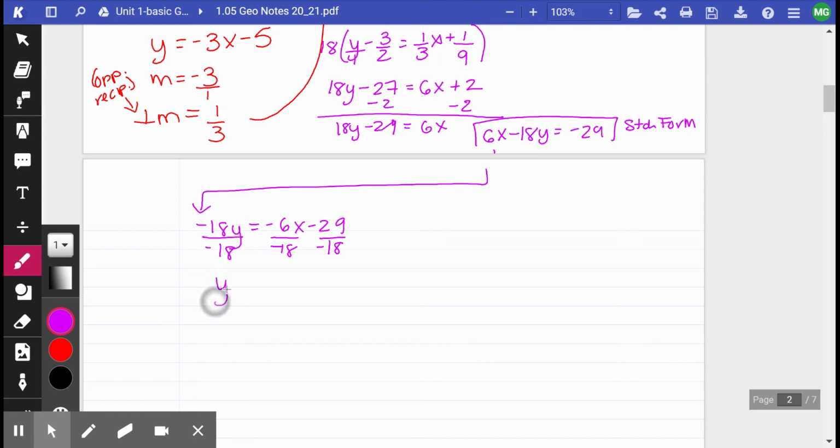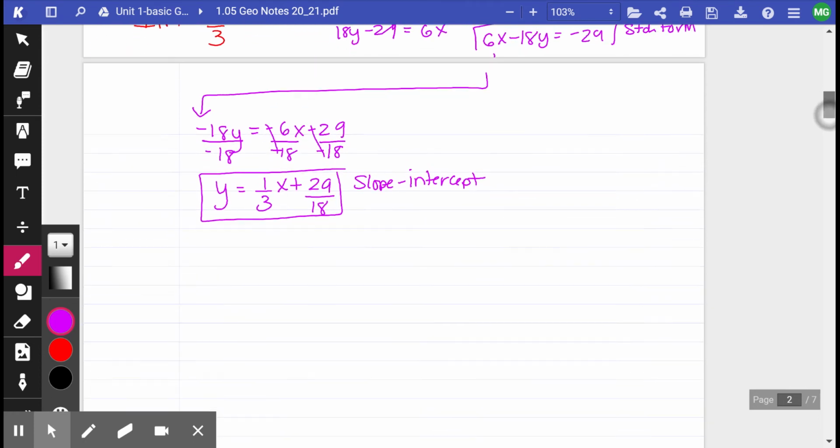So I'll get y equals, my negatives will cancel, 6 over 18 reduces to 1/3 x. Negatives cancel again, so positive 29 over 18. And that would be your slope intercept form. And that's all three forms for that one.